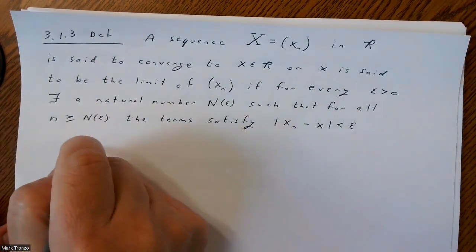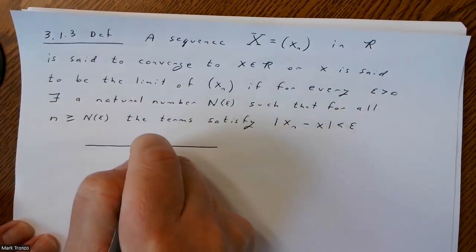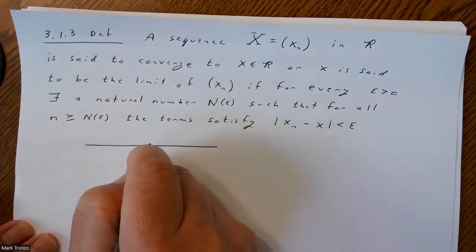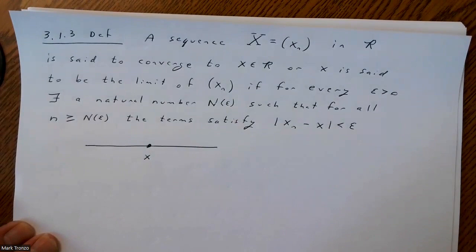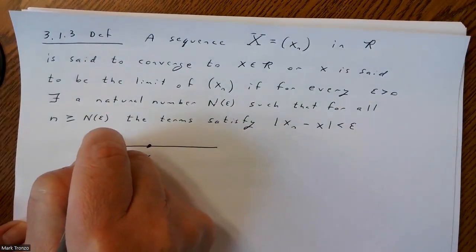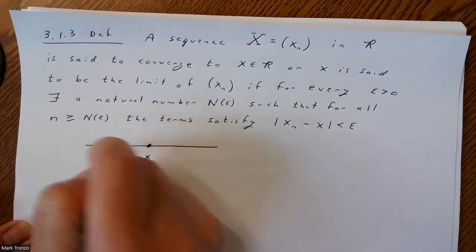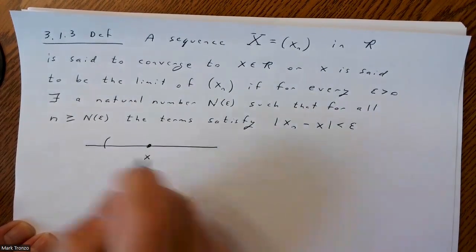And maybe if you looked at a picture, so here's your limit x right here. And if you picked an epsilon, and again, remember what this is going to indicate.